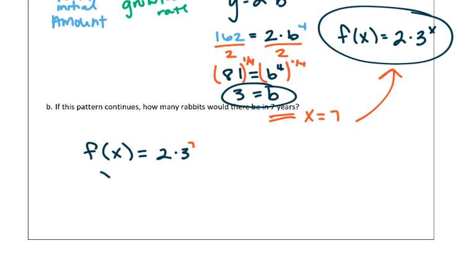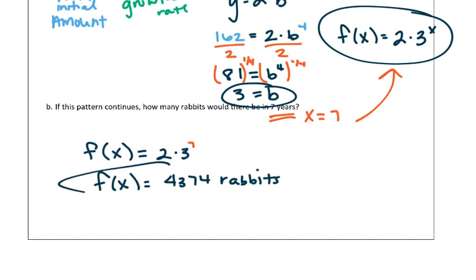And now use your calculator, because I don't think many of you want to figure out 3 to the 7th power in your head unless you're using your powers chart. So you're going to have 4,374 rabbits. And that would be your answer.